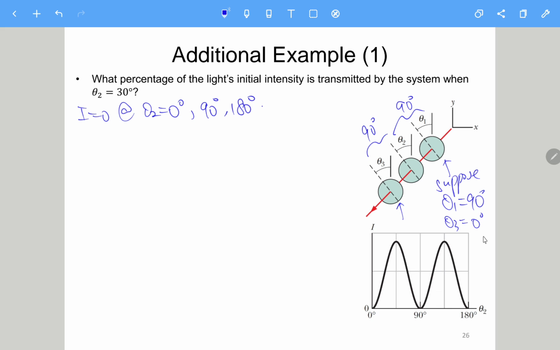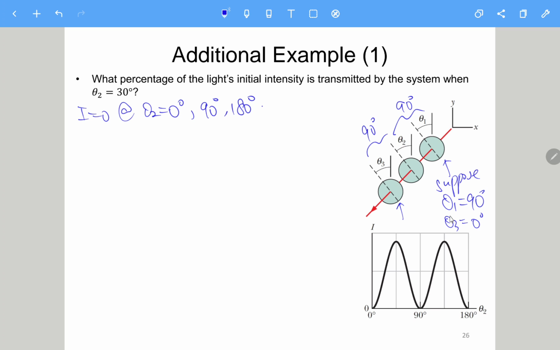Which means that for theta 1 and theta 3, one of them should be 0 degree, one of them is 90 degree. But which one is 0 degree and which one is 90 degree does not really matter. The answer should be the same because the system is quite symmetric.